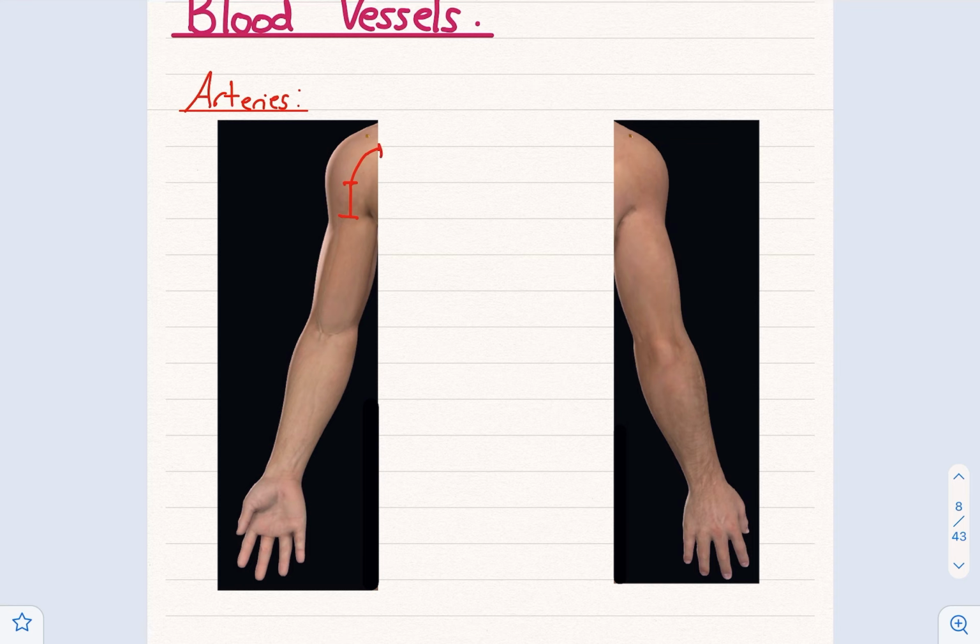Obviously, if the heart's here, it's going to be going there, but I've only got part of the picture. So you've got the subclavian to the axillary, which is there. Then after the axillary, you're going to get the brachial artery. Let's go to like there.